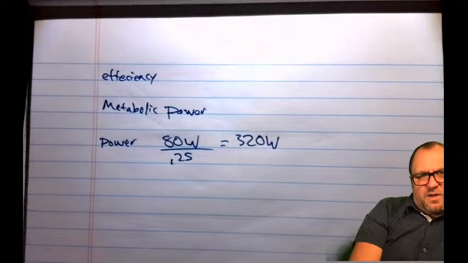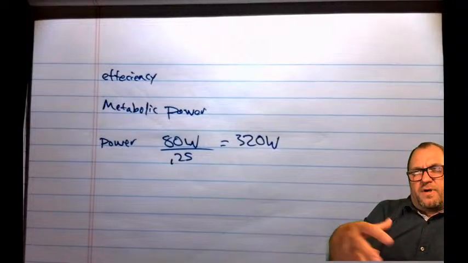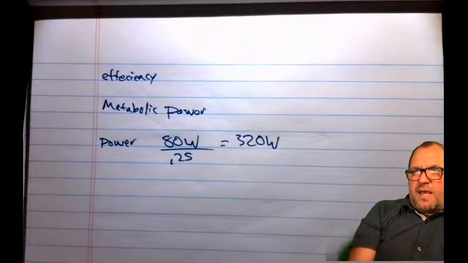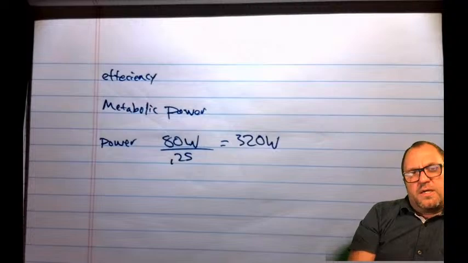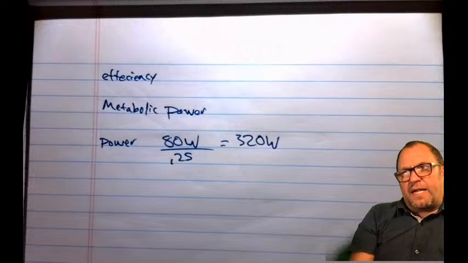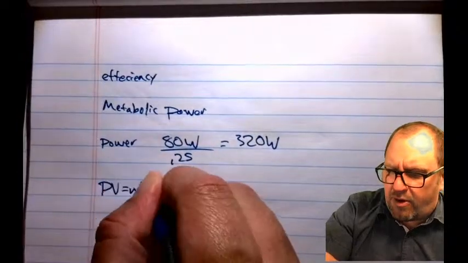All right. So then we also talked about ideal gases. So if I have an ideal gas in a container and I supply some thermal energy, how much does the temperature change? How much does my pressure change? Okay, so we have PV equals nRT.